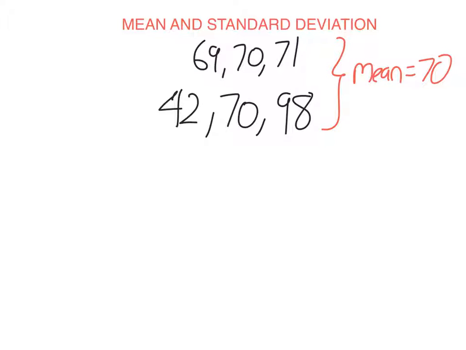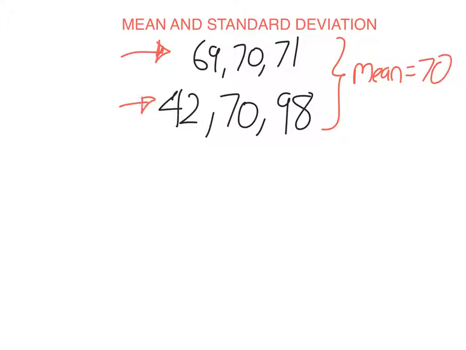So if these were 2 tests that a class of 3 students did, the mean is exactly the same in both of these tests, but it doesn't really tell the whole story. Of course, in the first test, all 3 people got very close to the average of 70. There wasn't much variation at all.